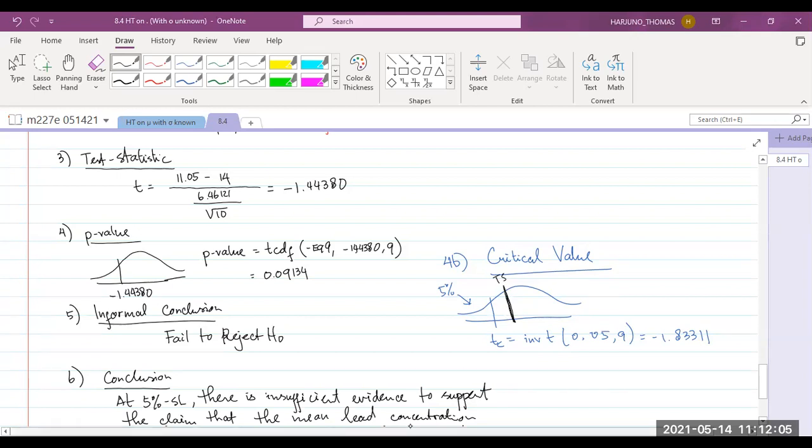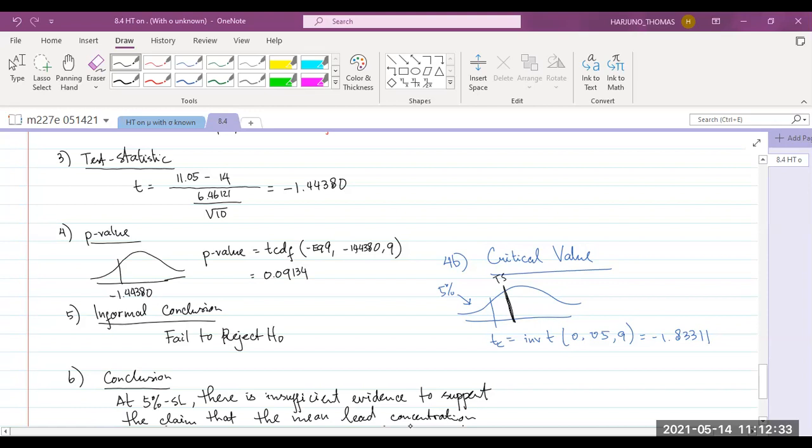How about confirming our test statistic and p-value? The mean that is claimed is 14, sample mean 11.05, sample standard deviation is 6.46212, sample size is n.